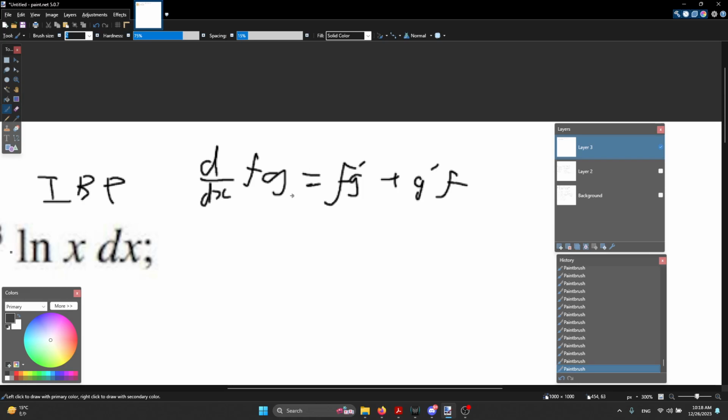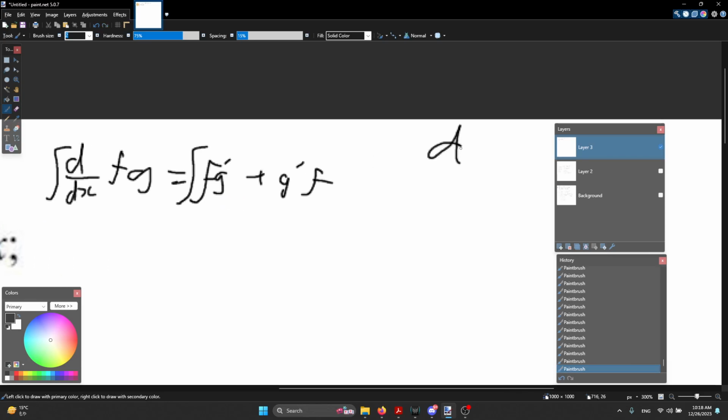Close enough. So if we integrate this, so we integrate both sides with respect to x.